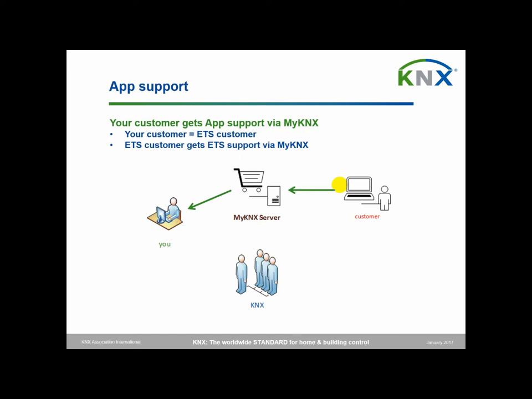Internally it will be forwarded to you, but this will not be visible for the customer, unless of course you explain to the customer who you are. The principle that we want to apply here is that since it is an ETS customer, the customer should have the right to ask for support via our infrastructure, even if it is your app. It's altogether actually support for ETS.